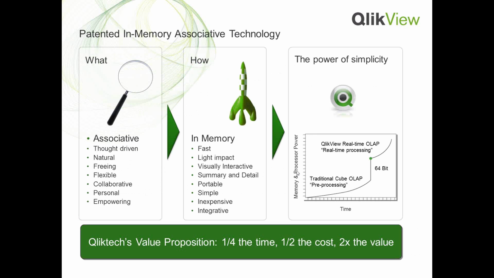So this is the what and how of the in-memory associative technology. The associativity is about how the user thinks, or what the user thinks, being what can be modeled in Qlikview.